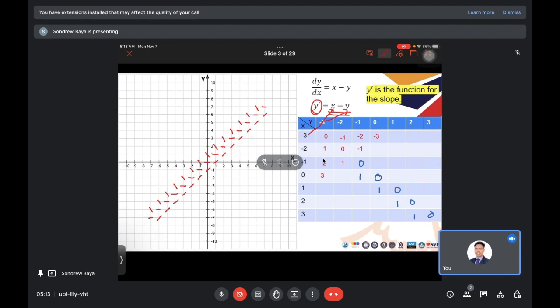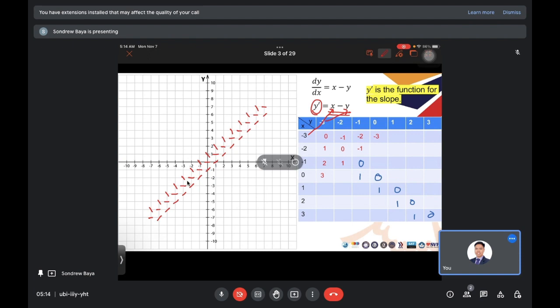So it seems like going to the right. So for example, we have negative 1, comma, negative 3. Just next to this one, the slope is becoming positive 2. So that means it's becoming steeper. Whereas to the left of this, the slope becomes negative 2. So it becomes more negative. So it becomes steeper compared to this as well.